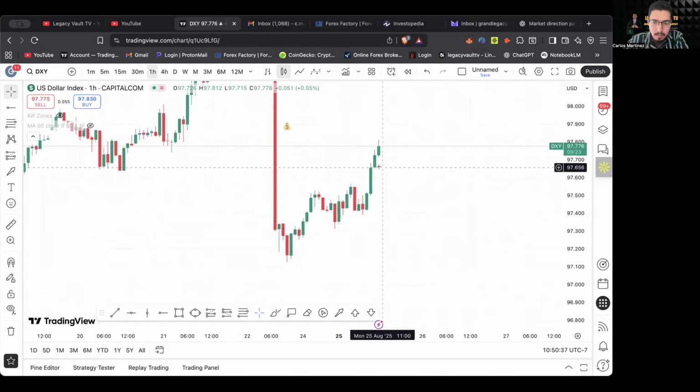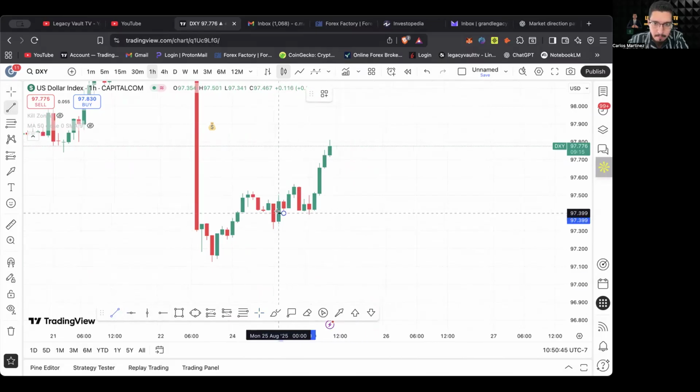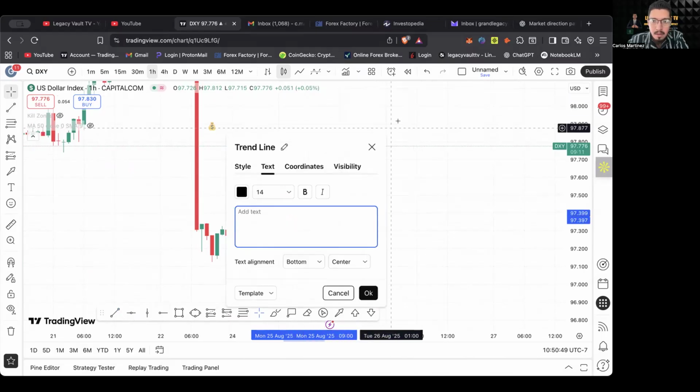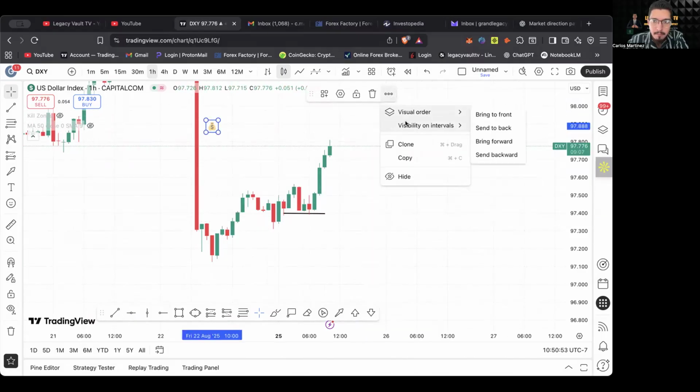We can also look here. These are also liquidity, equal lows. This is also liquidity in the market.